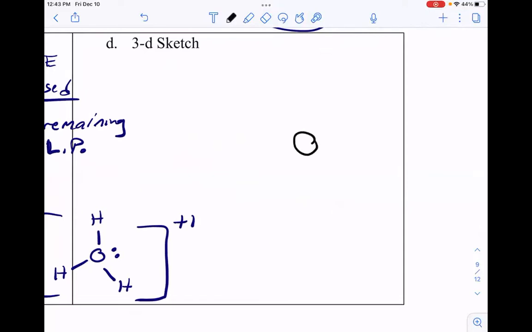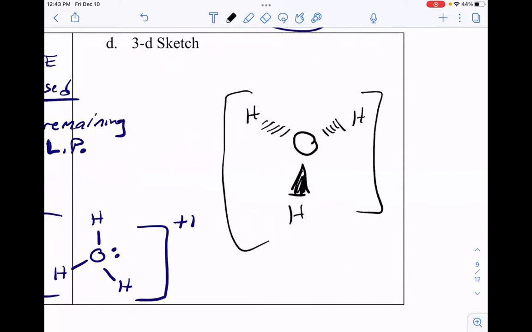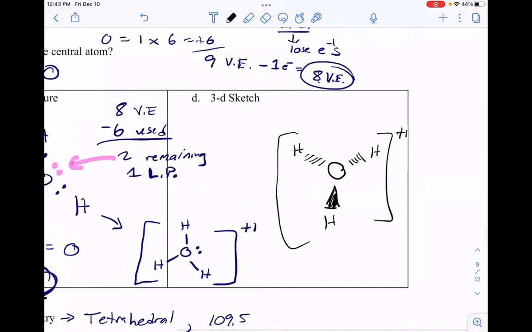So oxygen, trying to do this with my stand. Now, since this one has a positive charge, would we put it in brackets also like we did for the 2D model? Yes. Okay. And then the lone pair.